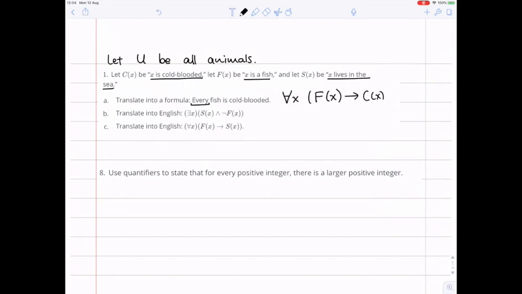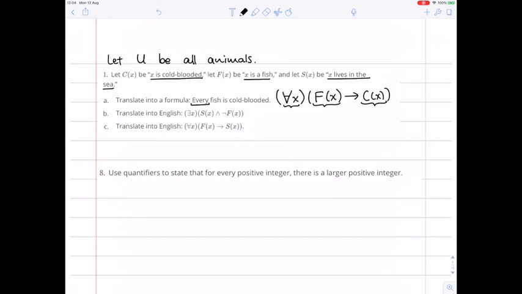Let's just take a moment to see if this makes sense. This reads: for every animal, if you're a fish, then you're cold-blooded. So that makes sense.